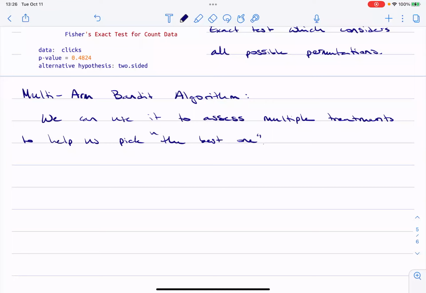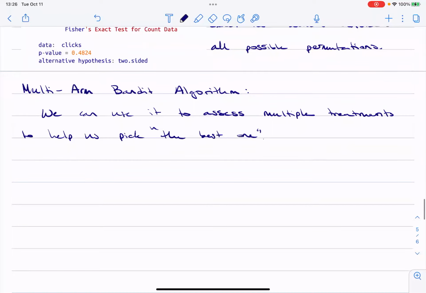So in the beginning, if you're using a multi-arm bandit algorithm, you're randomly assigning people to random treatments, right? So you've got your set of treatments. Let's say there's 3 treatments, for example web design, and you're randomly sending people to different designs.